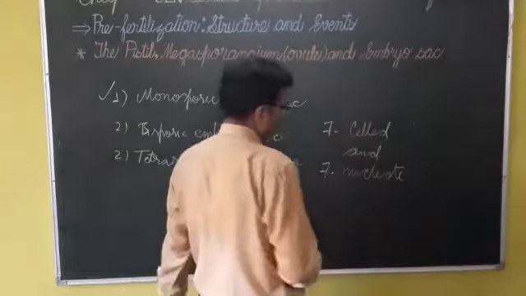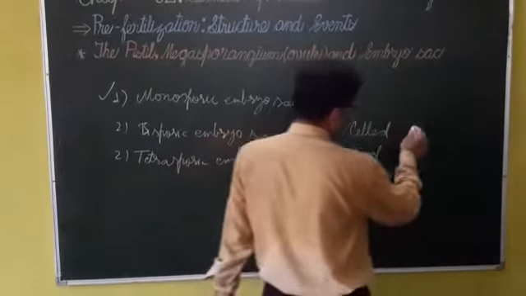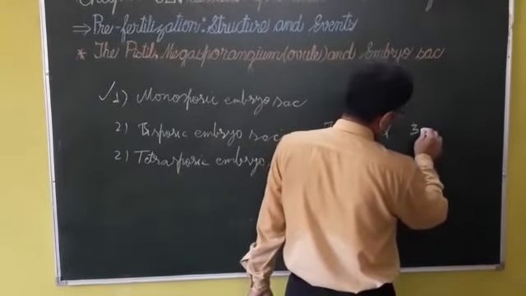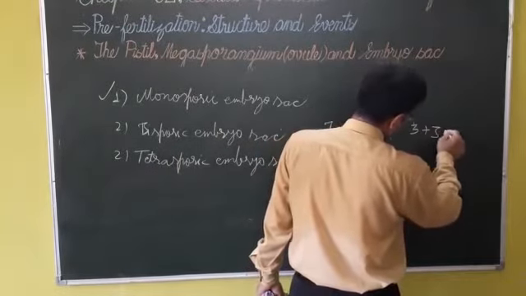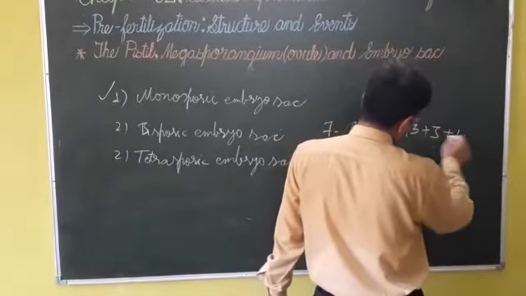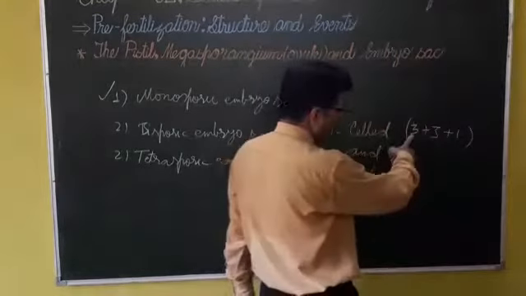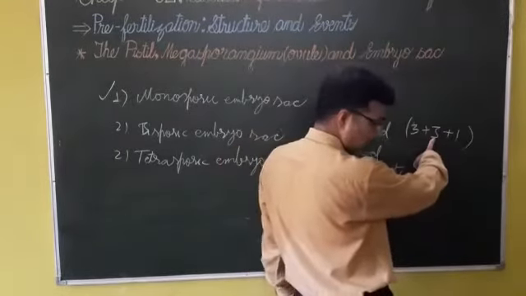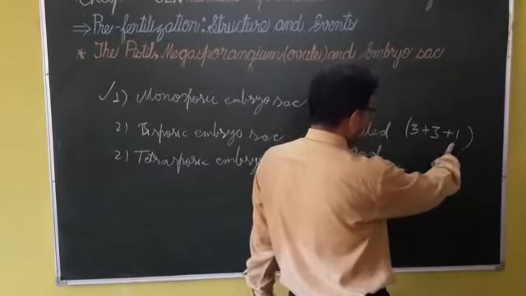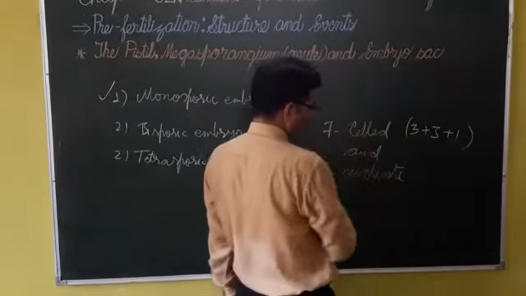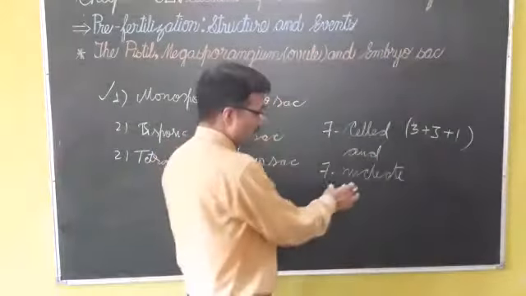What does it mean? It is 3 plus 3 plus 1. That is the configuration: 3 antipodals, 3 synergids, and 1 central cell. Total 7 cells are there, and 7 nucleate.